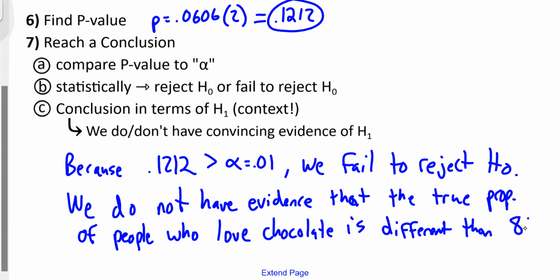That's that not equal to. If you were making your alternative hypothesis that is less than, then we would say that it's less than 80%. That is my conclusion. That is how I'm going to end this significance test.